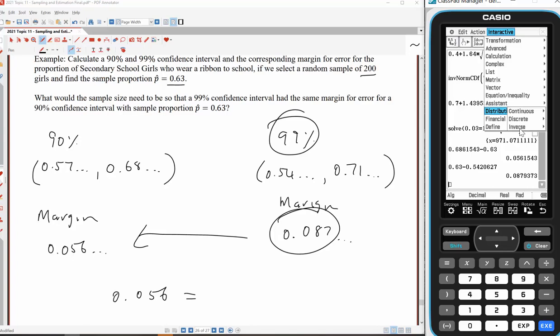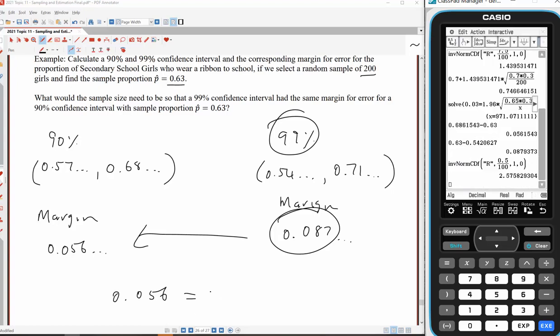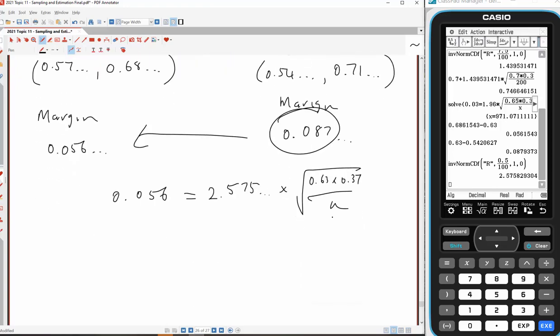I think it's 2.56 from memory. So it's going to be right probability, which is 1 left over, half on either side. Yep, 2.56. 0.63 times 0.37 over n. Right, so all we would do now is just run a solve on this.